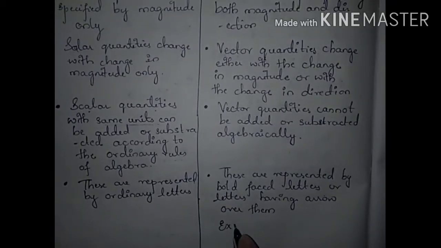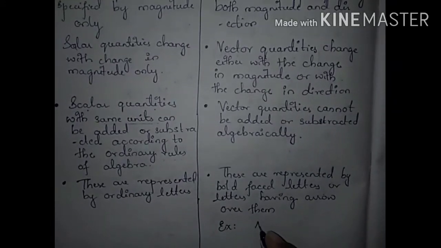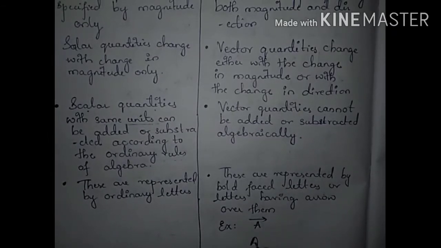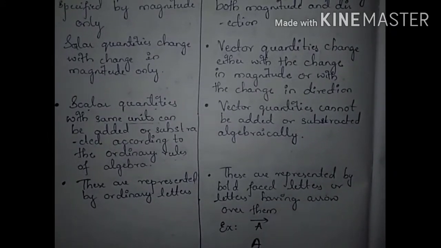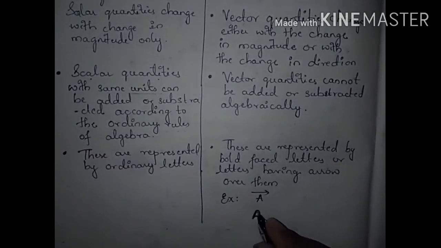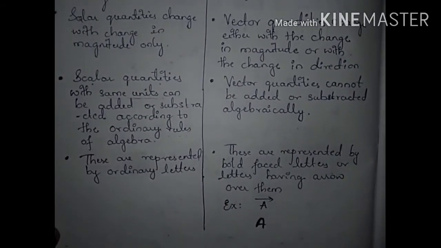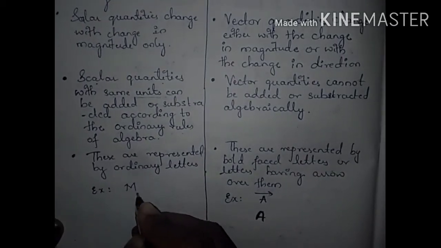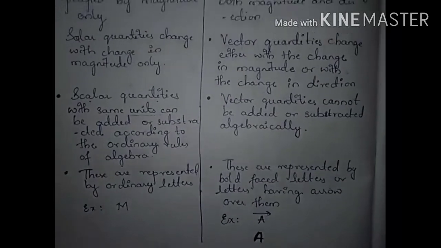So for example, how do you denote vectors? Vectors can be denoted like this. Either you denote by the bold letter or by an arrow mark on the letter. Scalars can be represented with normal letters, say for example M.